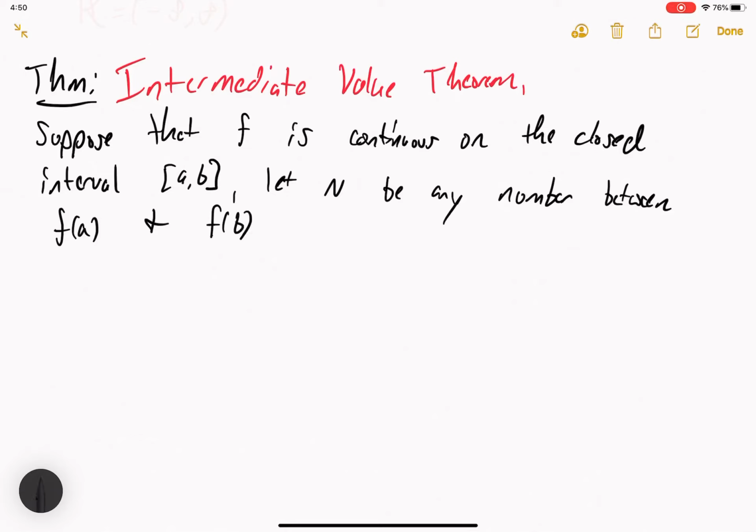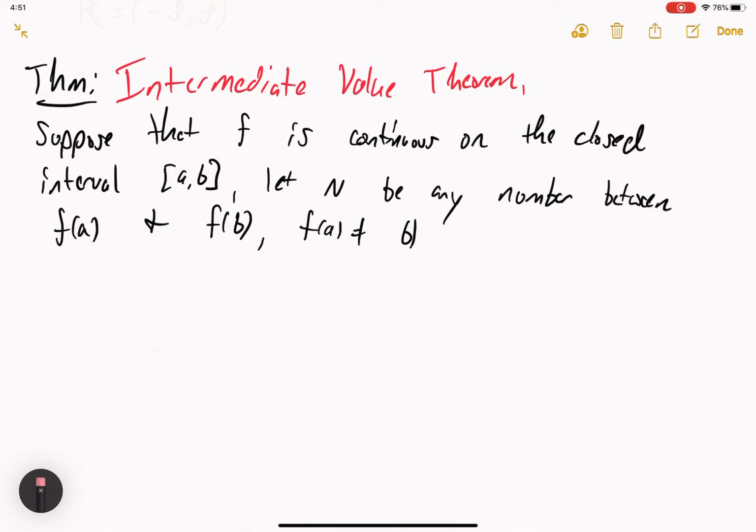All right. So what this means so far is that we have a function that is continuous on a closed interval, so it's an interval including its endpoints. And we have some number in between the values at the endpoints. And just to make things easy, you have that f of a does not equal f of b.